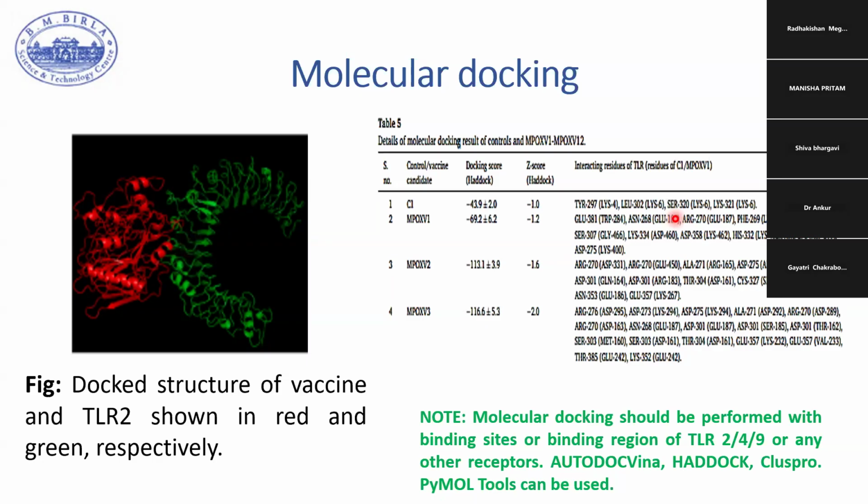If you don't have any PDB structure, you can also go for a literature search on NCBI. Sorry, not PubChem, it's NCBI. Go to NCBI and start your literature search, and you will easily find the binding sites.